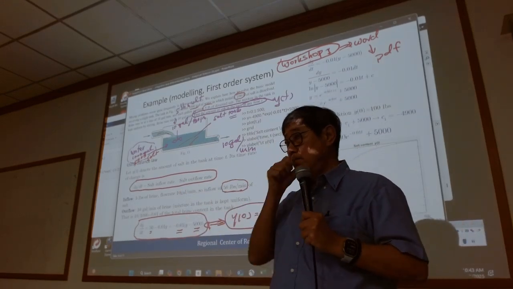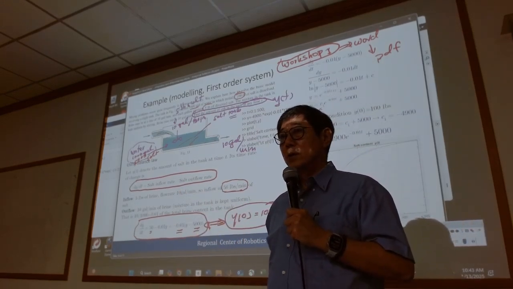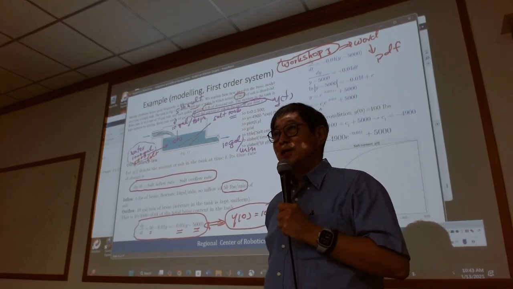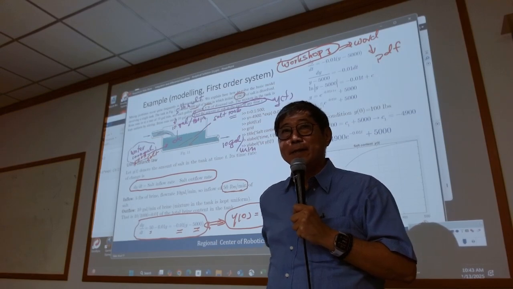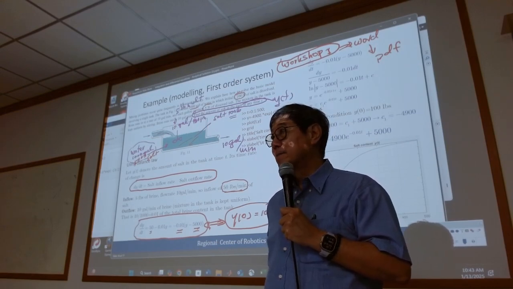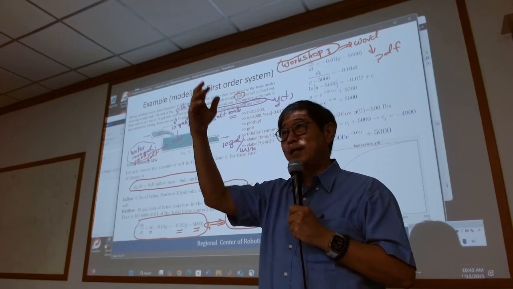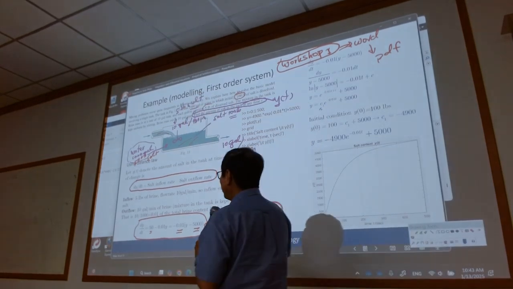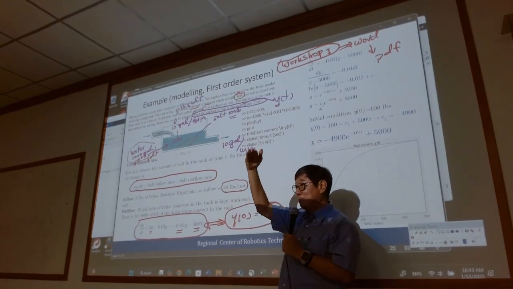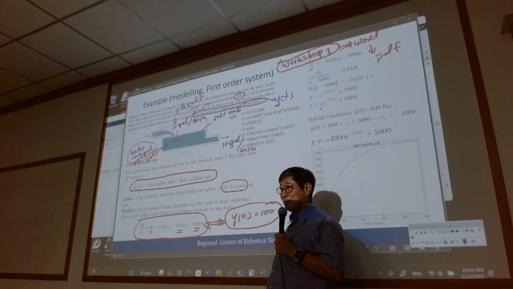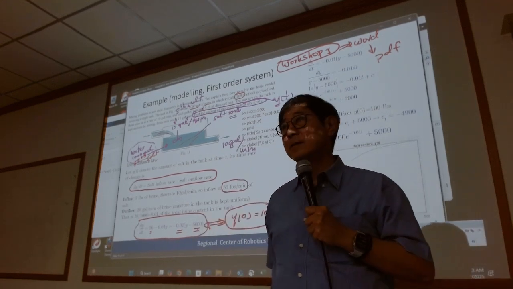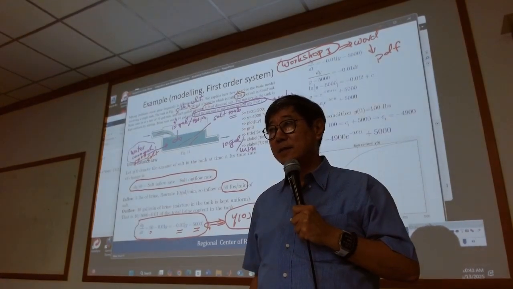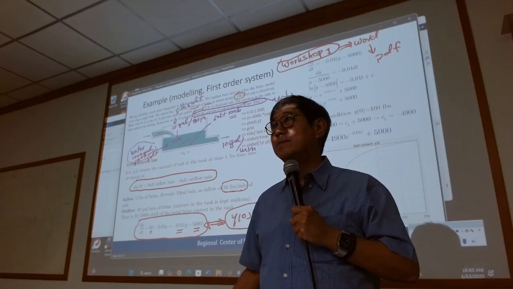I would like to train you how to organize and write down a report so that it's readable. This one is a little bit readable, but try to make it better than this one. No handwriting.